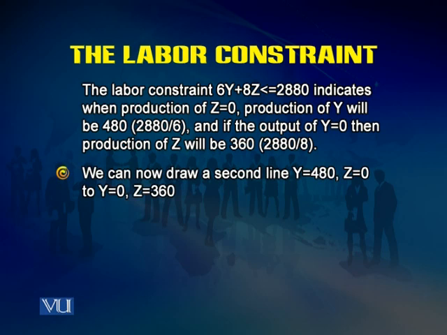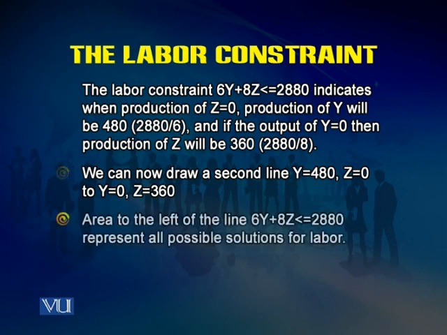We can now draw a second line at these 2 points, y 480, z 0 up to y 0 and z 360. The area to the left of the line 6y plus 8z less than or equal to 2880 represents all possible solutions for the labor. So same as for the material, we can identify the points for our labor constraint.